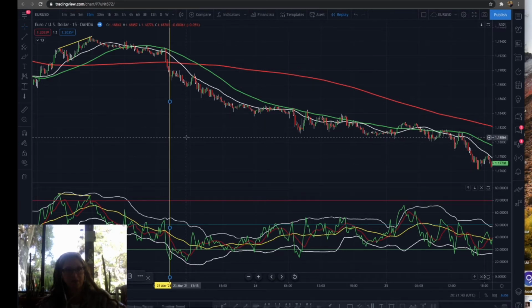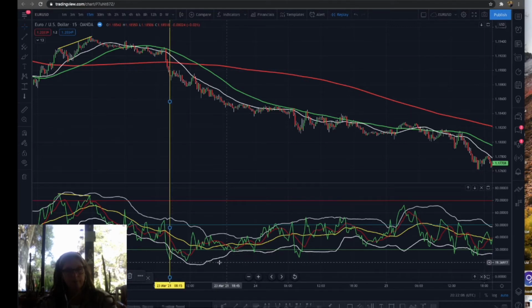And I want to emphasize that the key here is not how long you can stay in a trade. The key is profits. So you do have a decision at this point to exit, take your profits, and look for your next trade.